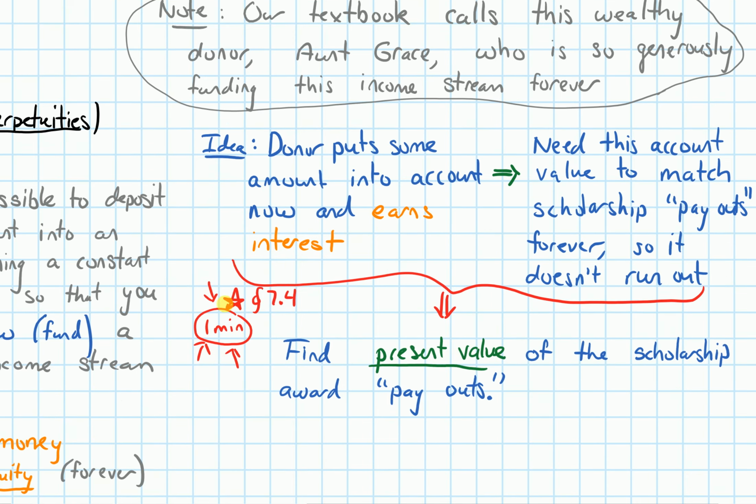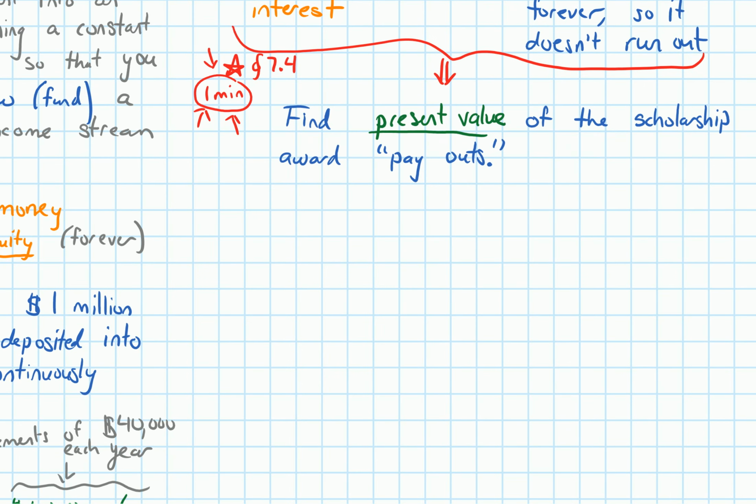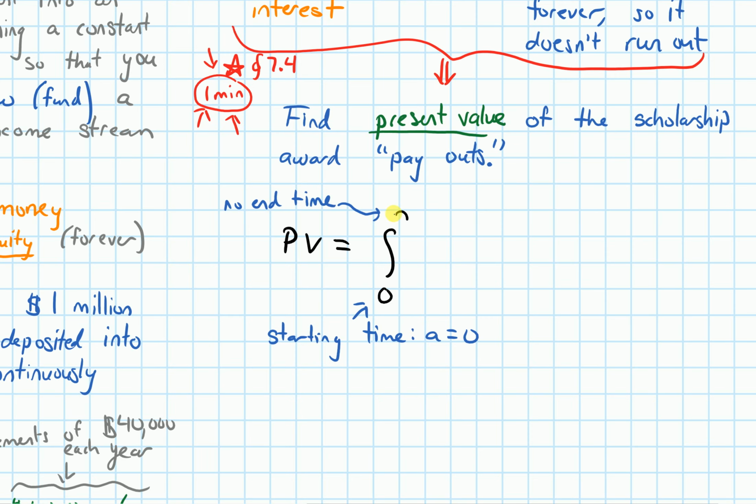We're going to need to use the formula for present value. So let's recall what that is. Present value, which I'll call PV, is an integral. Typically we'd write that it goes from a to b, but a in this case is 0, because this is the starting time. And the ending time, because we want it to be forever, means there is no end time, so we are going to infinity.